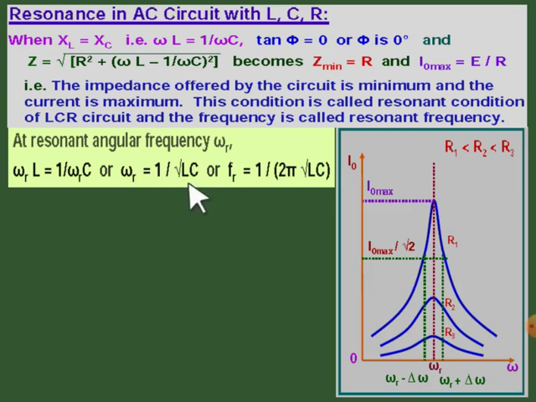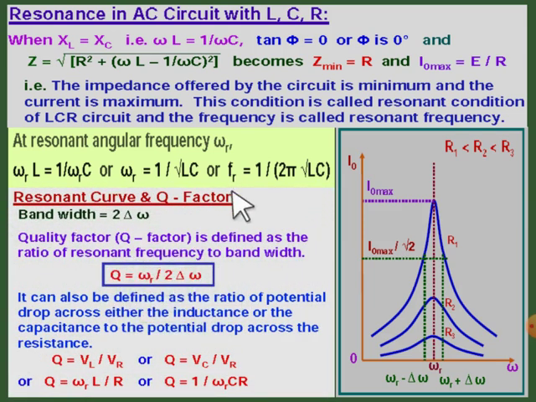Or if you express it as 2 pi fR, instead of omega, then fR will be equal to 1 by 2 pi root over LC. Got it? So this is the resonance frequency, or resonant frequency, you can say.